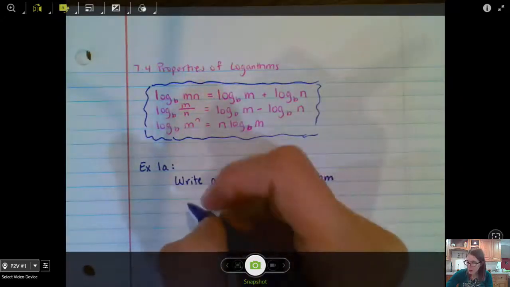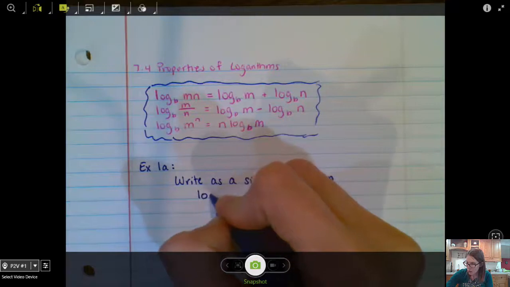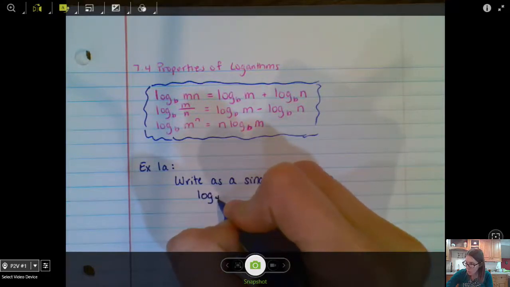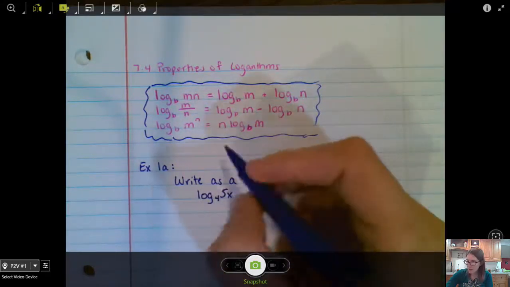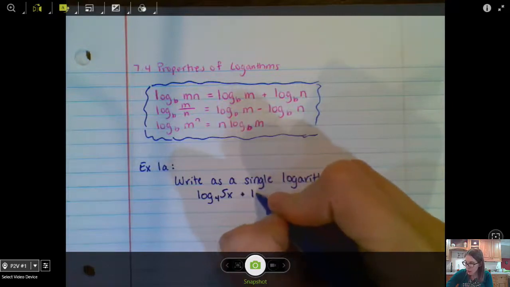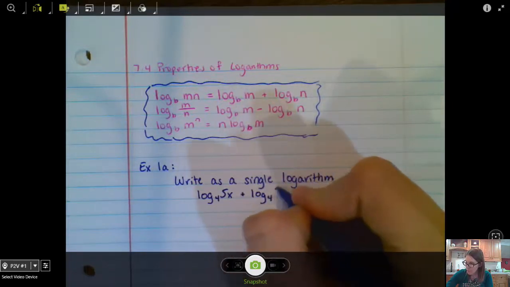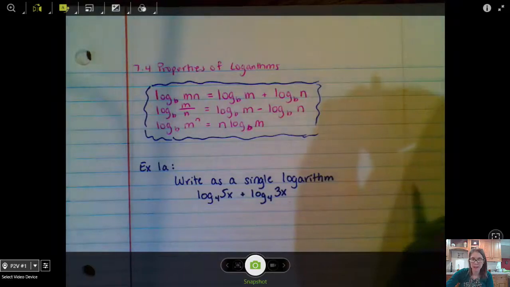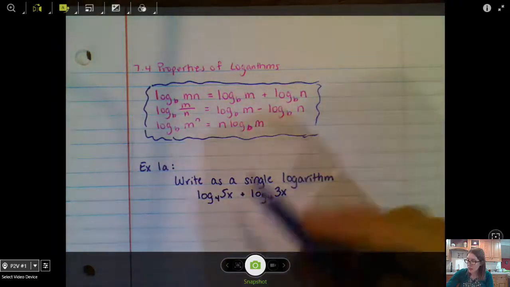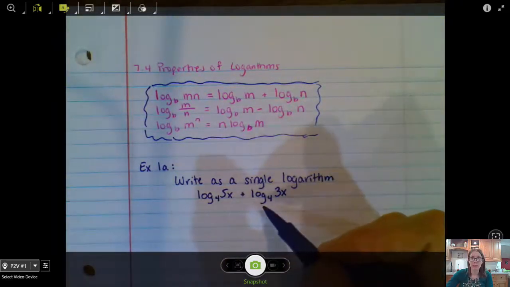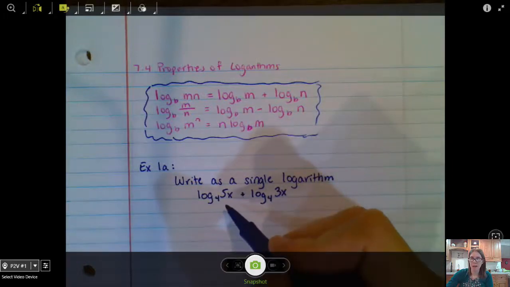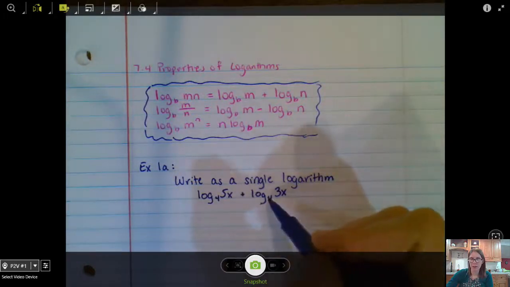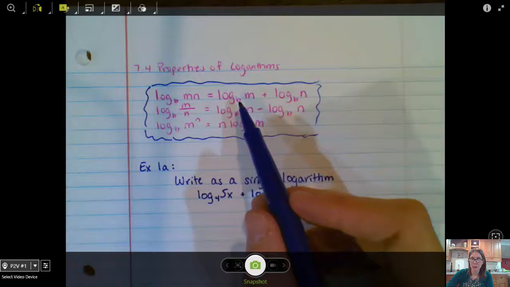The first one, let's do log base 4 of 5x plus the log base 4 of 3x. The first thing I see here is that I have the same base for my log, and if I have two logs that are added together, I can use this top property to combine them.